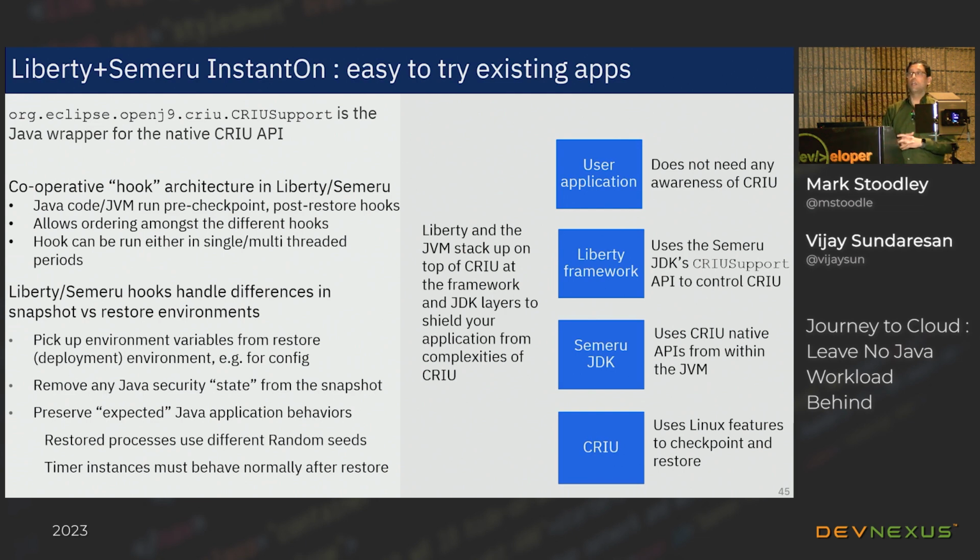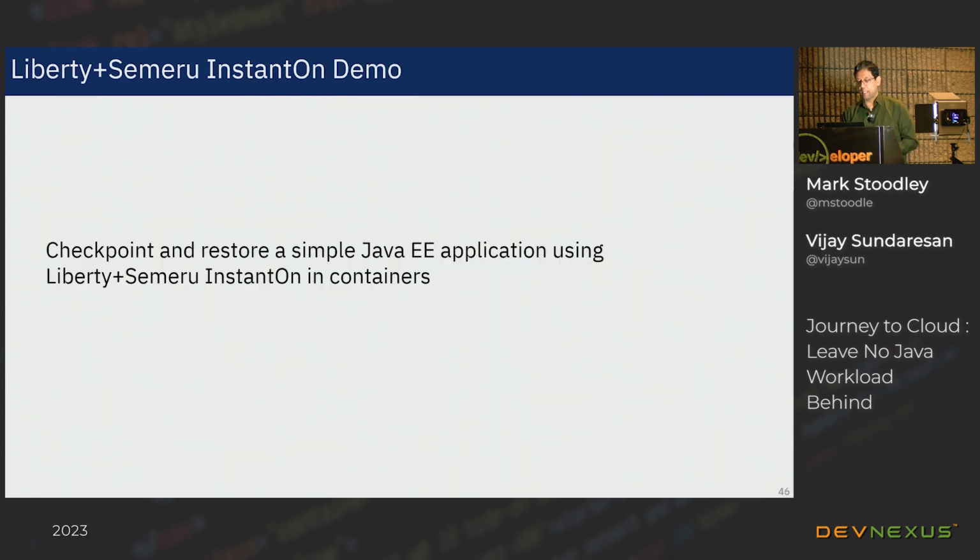We clear out all the security state from the checkpoint because you don't have to worry about shipping a checkpoint with your container image. We've already stripped away the security state from that. And many expected behaviors, like if you use a random number in your program, you want that to be a random number generator across all the different container instances. So we take care of all this transparently. This is done in the JDK and the app server.